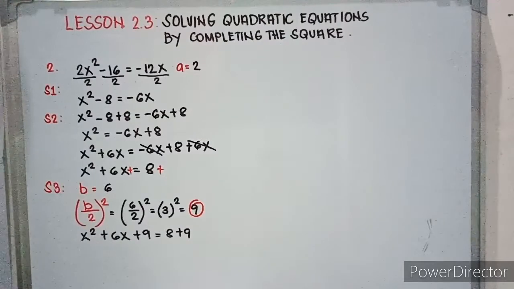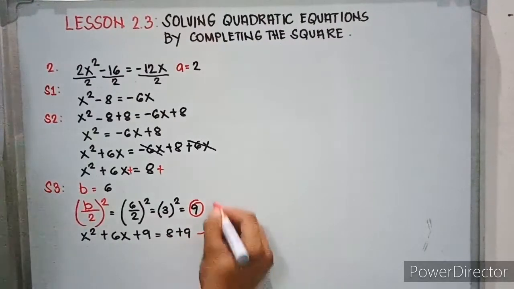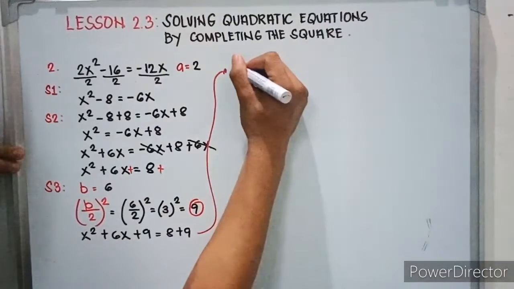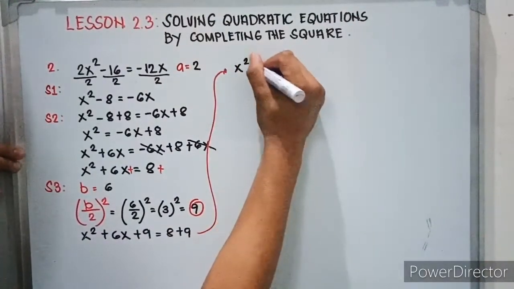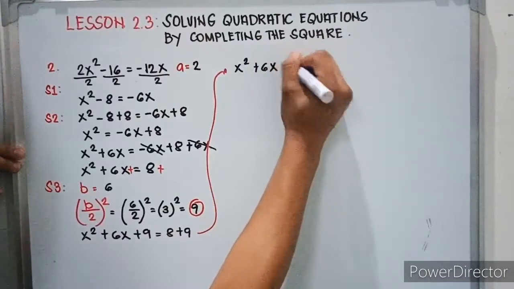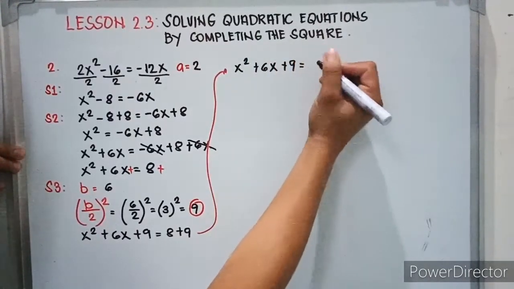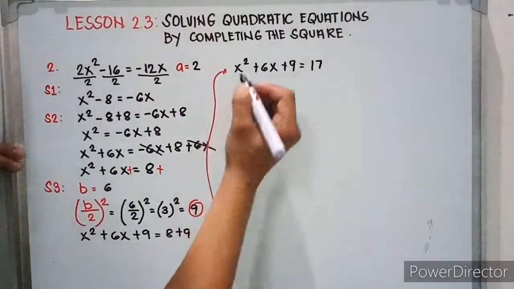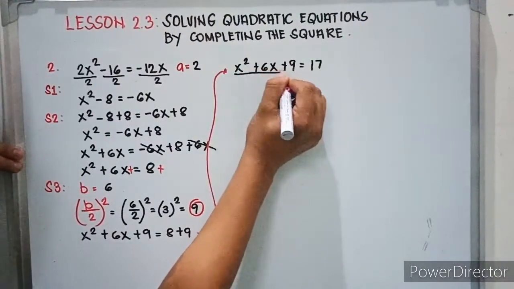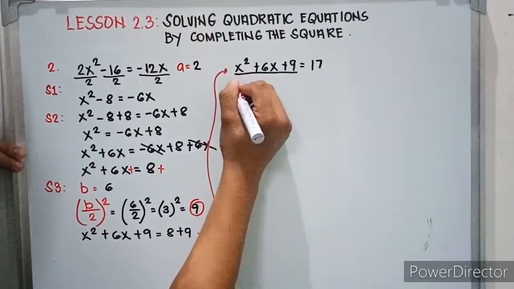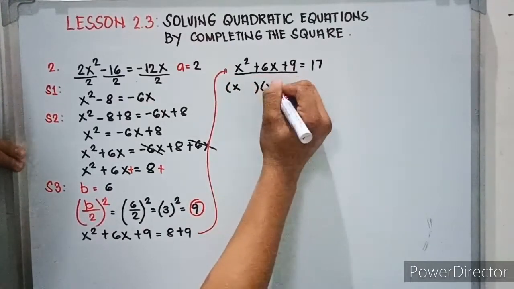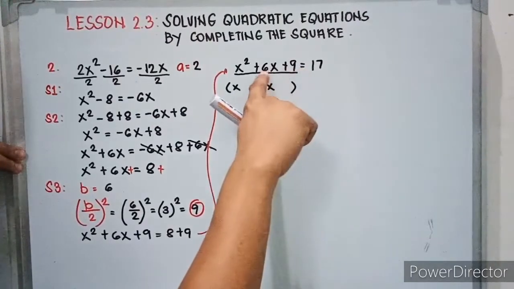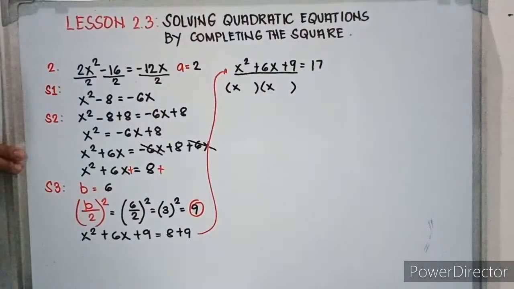Then simplify. So we will have x squared plus 6x plus 9 equals 8 plus 9, that is 17. So we will have, so our left side is now a perfect square trinomial. So our factors are x, so factors ng 9, so that if we add the factors, the sum is 6, so we have 3.